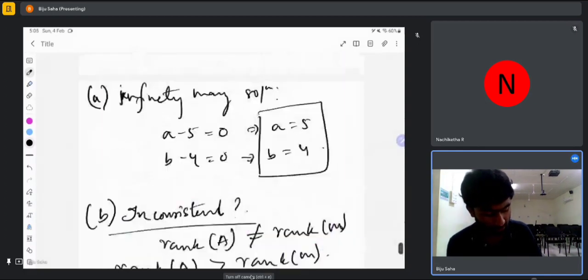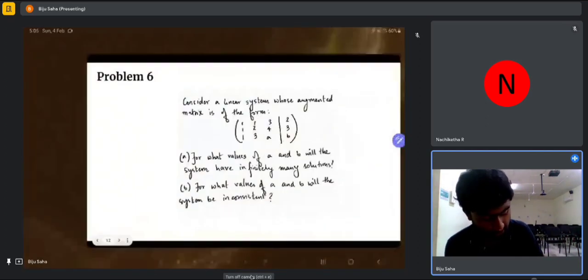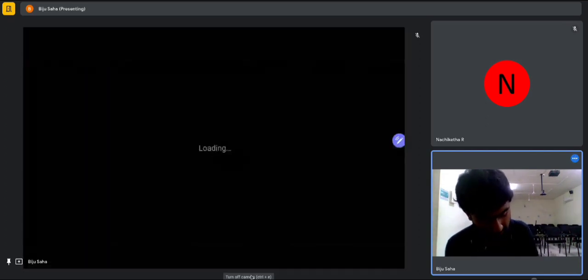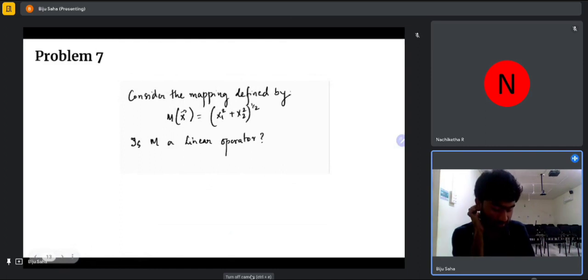So right now let us go to another category of problem, where we have to consider a mapping of vectors. This can be considered as an operator which is operating on a vector space, with elements represented by x.